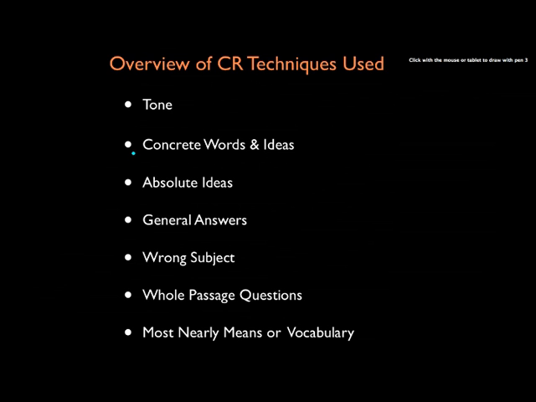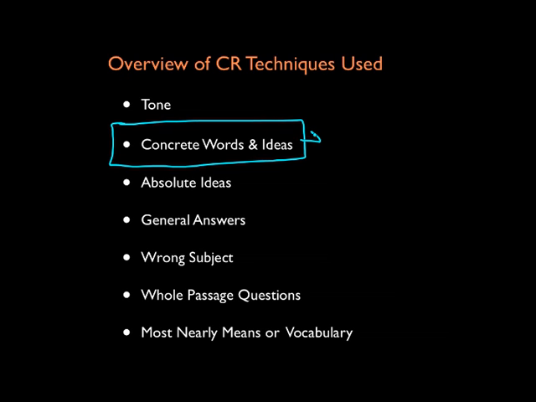Okay, so let's take a look at some of the skills that we used to get to the bottom of this answer. In this case, we didn't use tone, but we did use concrete words and ideas to eliminate the wrong answer choices, because in this case, those were the things that were stated in the passage.